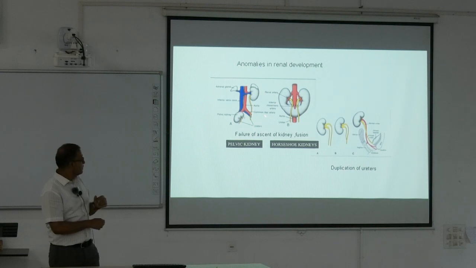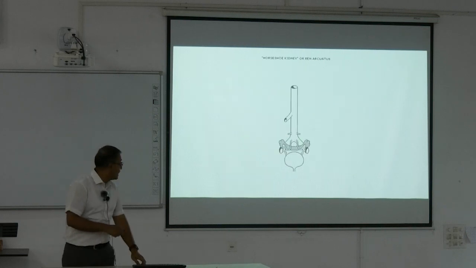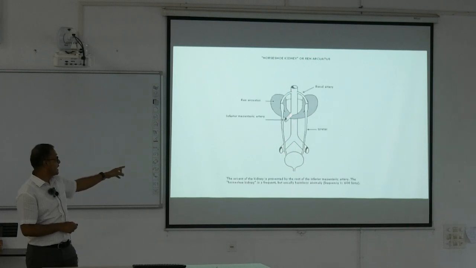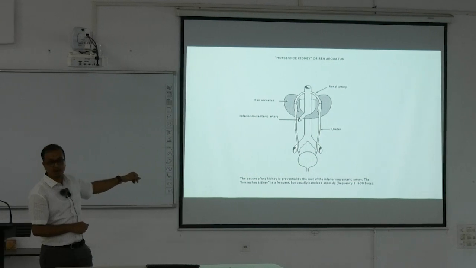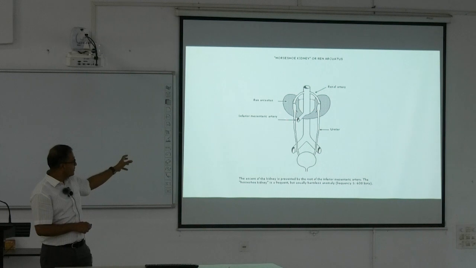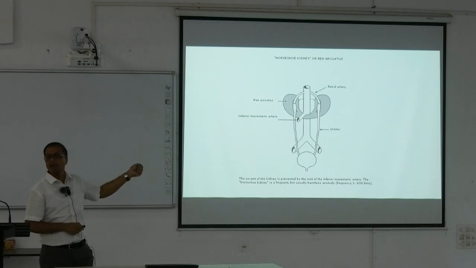The earliest ventral branch of the abdominal aorta is the inferior mesenteric artery. It cannot cross over the inferior mesenteric artery. So as the horseshoe kidney climbs up, it can be arrested under the inferior mesenteric artery and get stunted at that point. And at this kidney, where the lower pole is united, the ureter as it comes down may be bent.